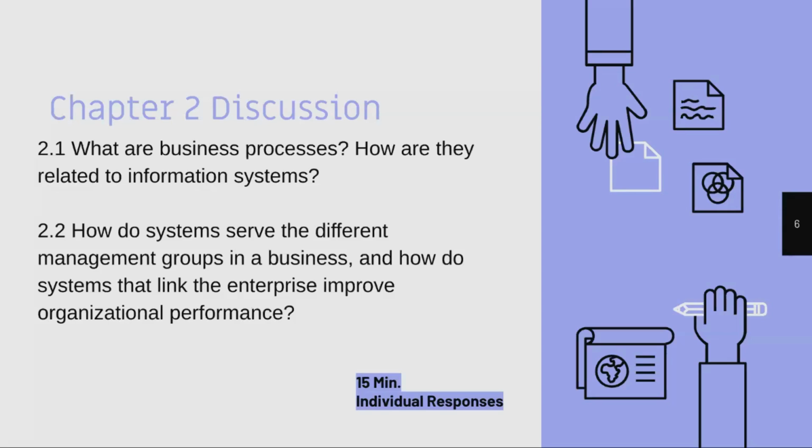Now, question 2, I'm going to give to a member of group 1. Let's hear from Keisha tonight. So Keisha, how do systems serve the different management groups in a business? And how do systems that link the enterprise improve organizational performance?